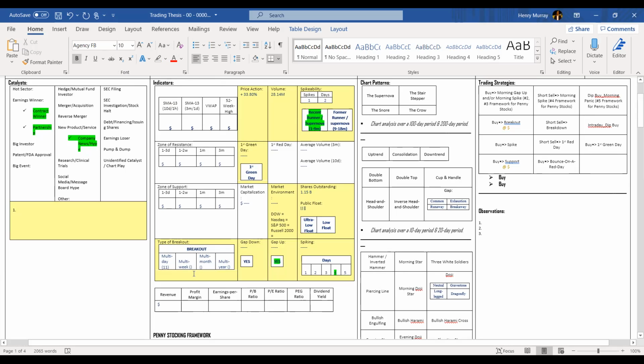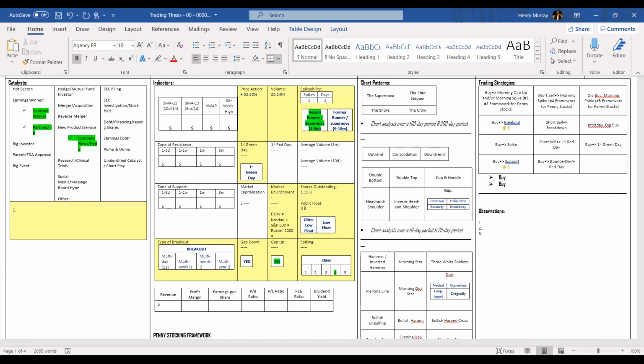Okay, next you want to determine what type of breakout it is. Is it a multi-day breakout? A multi-month breakout? A multi-year breakout? To determine this parameter, you will need to look at the chart over different time periods.